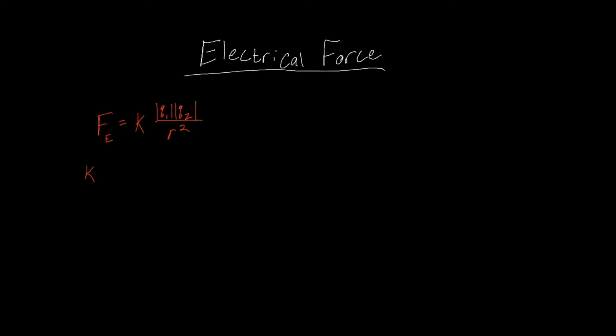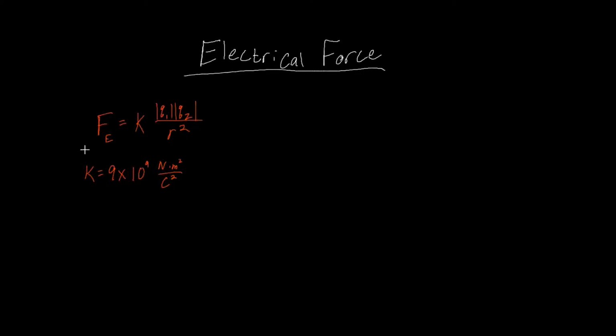K is approximately 9 times 10 to the 9th, and the units on that are newtons times meters squared over C squared, where C stands for coulombs. That is the charge. That's how we measure charges. So we've got a constant, the two charges, and then the distance between them. R stands for the distance between the two objects.